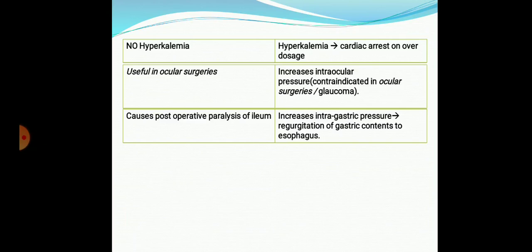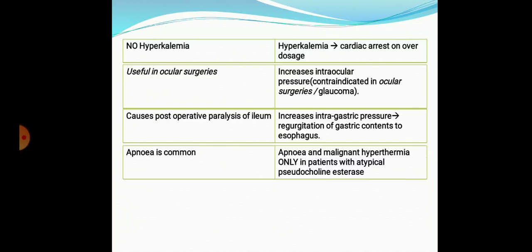So the ileum will be paralytic. Refer back, neostigmine is a drug which is used to overcome this particular state. While the depolarizing blocker increases intragastric pressure, which can lead to regurgitation of the gastric content into the esophagus, which can be fatal in case of anesthesia.